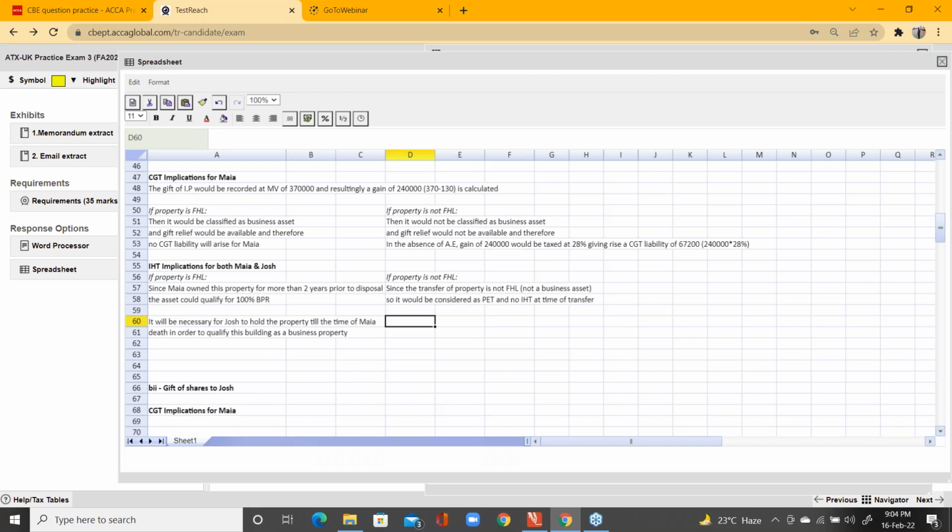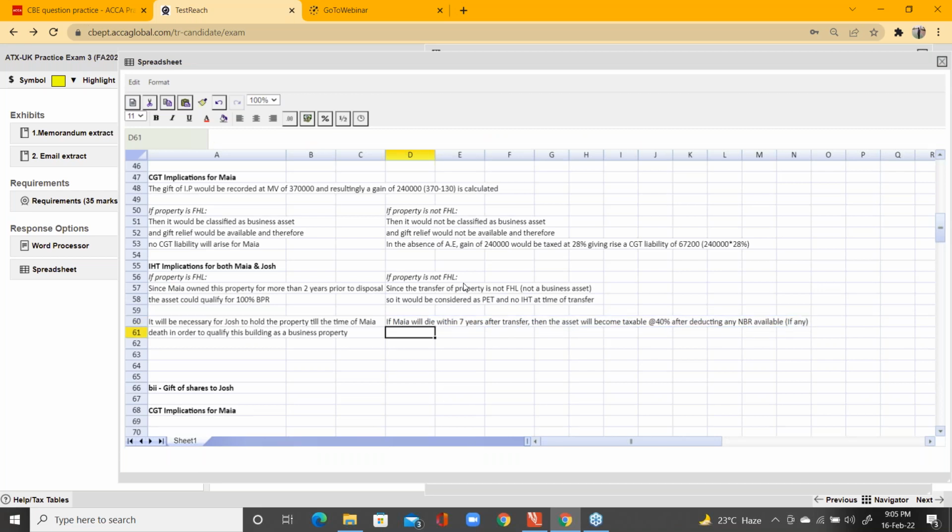If Maya dies within 7 years after transfer, then the asset will become taxable at 40% of the death rate after deducting any nil rate band available, if any.